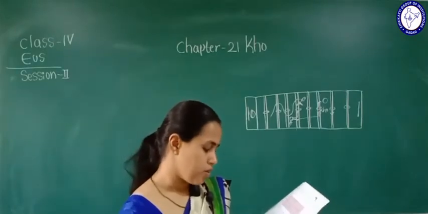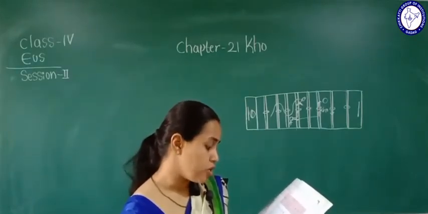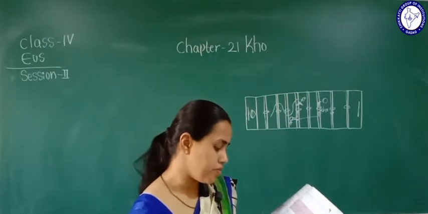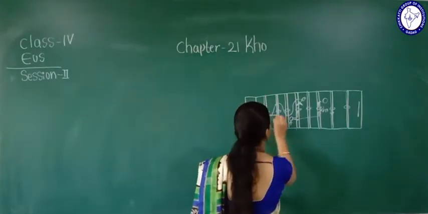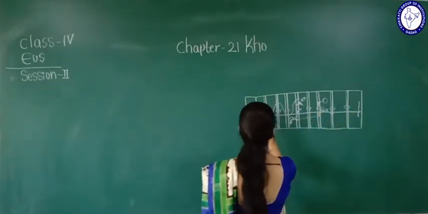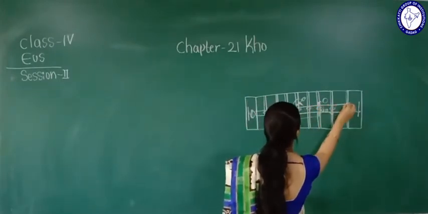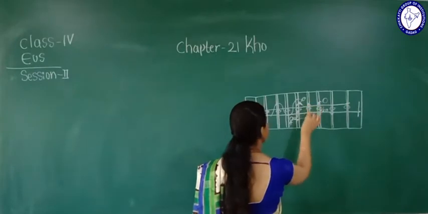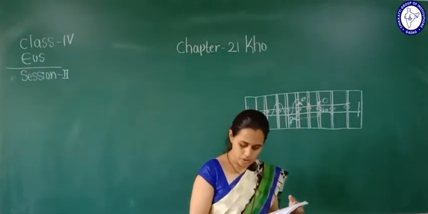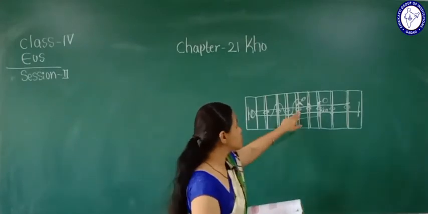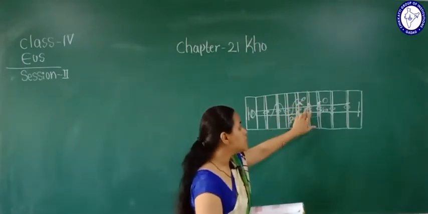While running, one should not step out of the middle line. There is a middle line here. They should sit in that block only. If they come out, that is a foul, otherwise out. So they should not step out of this middle line.